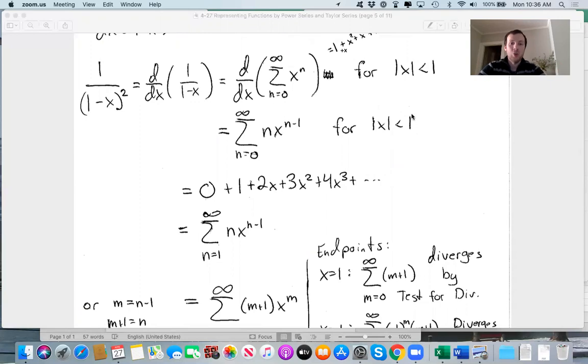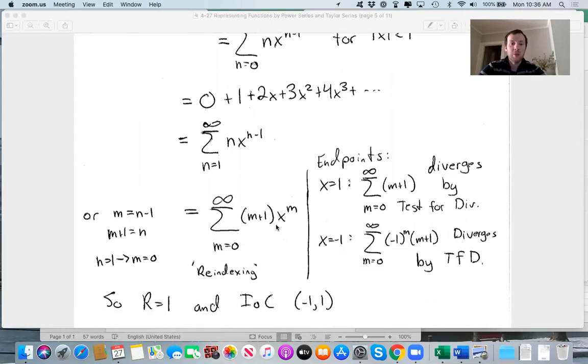Those can change. So what happens if you put in 1 or minus 1? If we take the re-indexed version and put 1 or minus 1 into here, if we put in 1, we get m plus 1. If we put in minus 1, we get negative 1 to the m plus 1 times m plus 1. Both of those series diverge by the test for divergence. This one just goes to infinity. This one is going to negative and positive infinity depending on if your alternating part is 1 or minus 1.